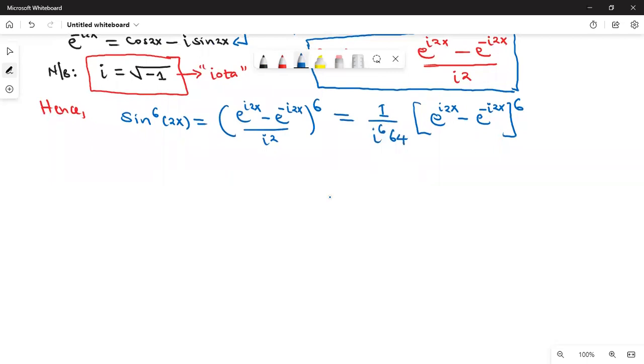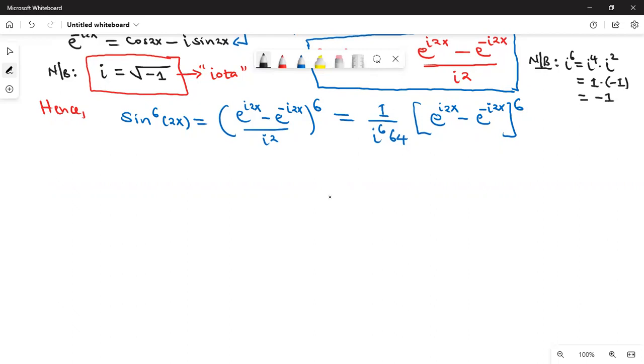And before that, take note that i raised to 6 is the same as i raised to 4 times i raised to 2. i raised to 4 is the square root of negative 1 raised to 4, that is 1. i raised to 2 is the square root of negative 1 squared, that is negative 1.